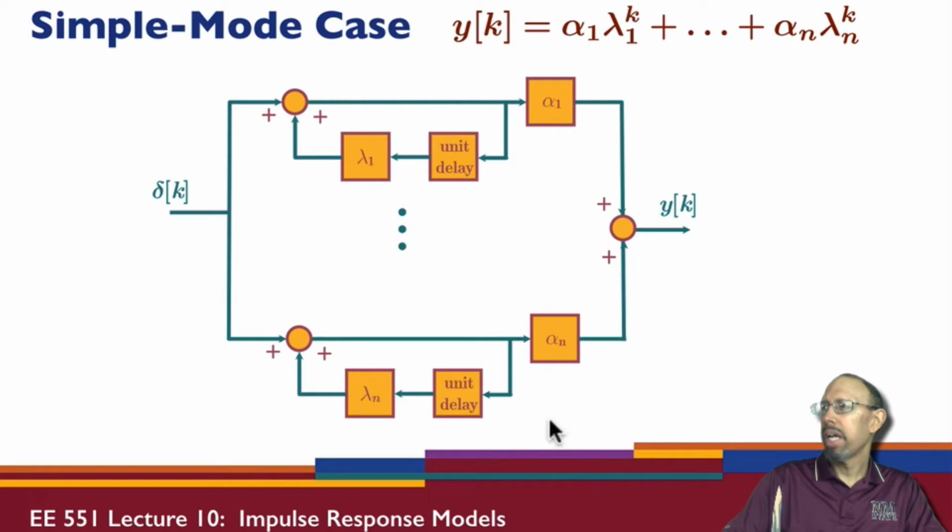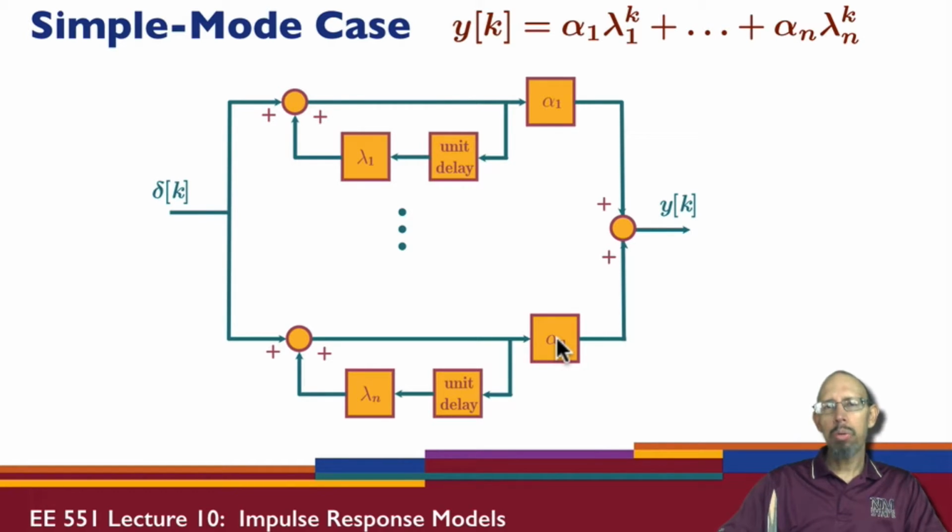So we could do it that way. And notice this delta is just still a single delta, and it gets multiplied by this matrix. Okay, so we could still consider it in the multi-input, multi-output case.